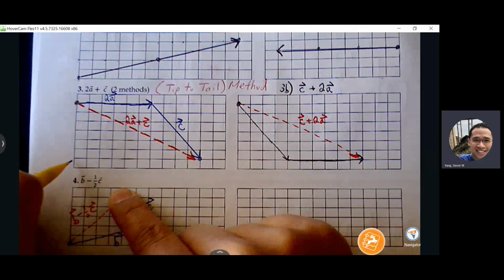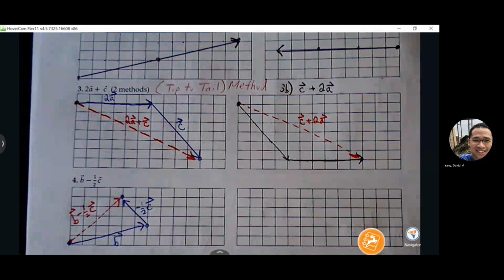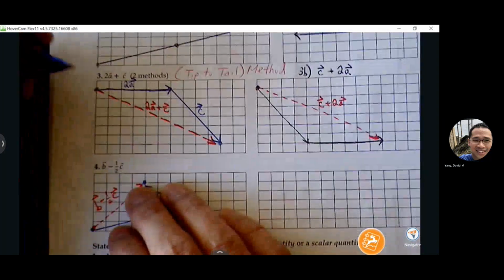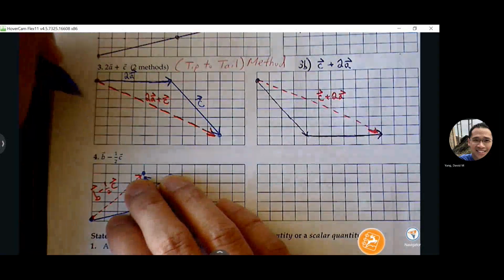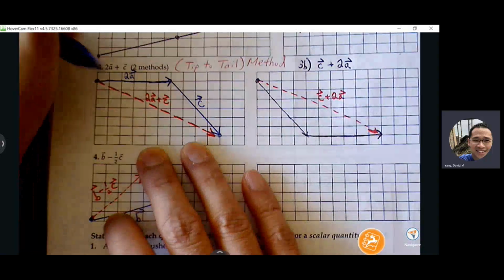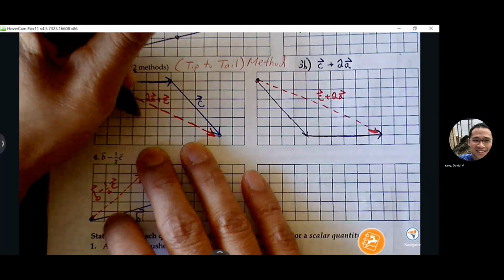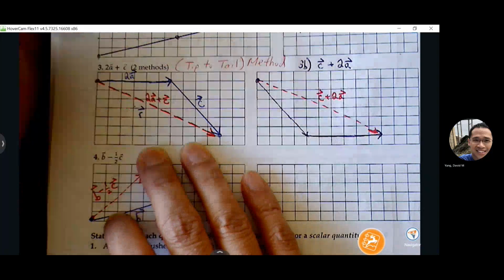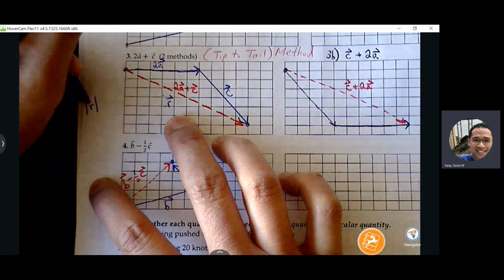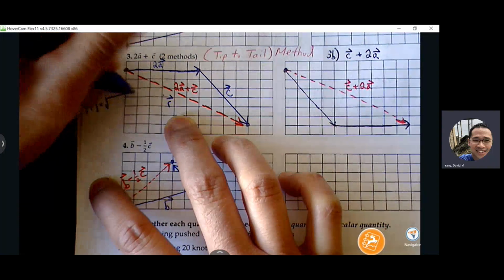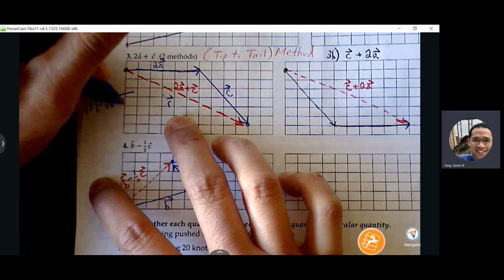Okay, 6 units down, and 10 units to the right. So write it this way. I can put absolute value here. I can also give it a name and call it the resultant vector R. So I can say the magnitude of vector R is the square root of 6 squared plus 10 squared.